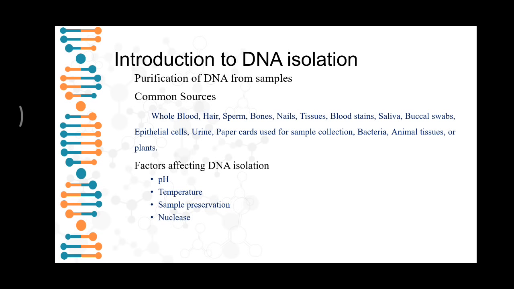Some of the common sources for isolation of DNA samples are normally our whole blood, even a hair sample, sperm, bones, nails, tissues, even dried tissues, blood stains, saliva, the buccal swab, epithelial cells, even from urine, some of the diagnostic paper cards used for sample collection, any bacteria, animal tissues, or plants.